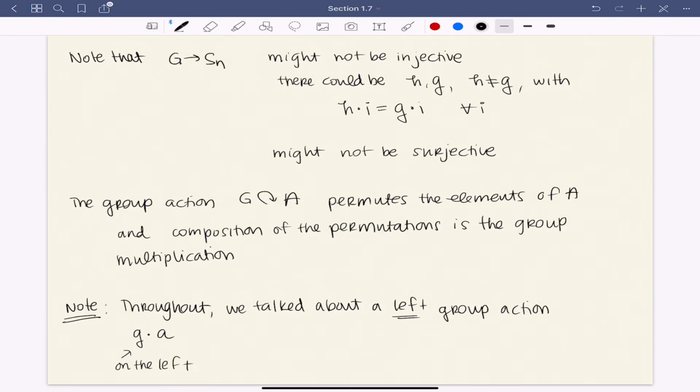Now, this feels cosmetic, right? I could have put the G on the other side. What would it have mattered? But this has as a consequence that the composition is read right to left.